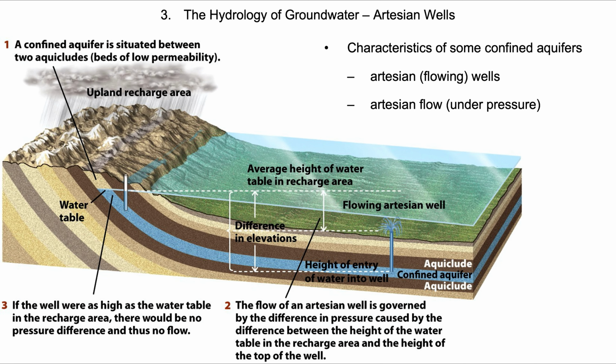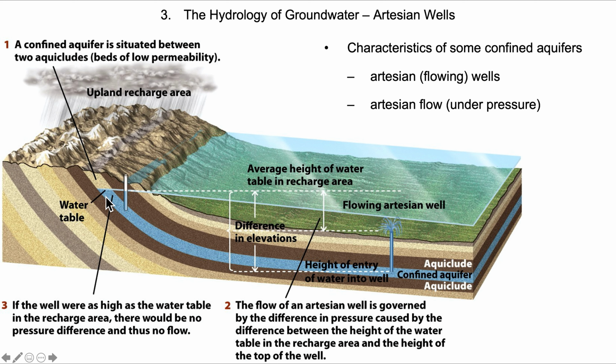We can see that here, where we have a confined aquifer situated between two aquicludes. These are going to be beds of low permeability, low porosity, generally difficult for water to flow through. So difficult for water to flow through here, difficult for water to flow through here, easy to flow through here. So any of this snowfall and rainfall can be funneled into this confined aquifer.